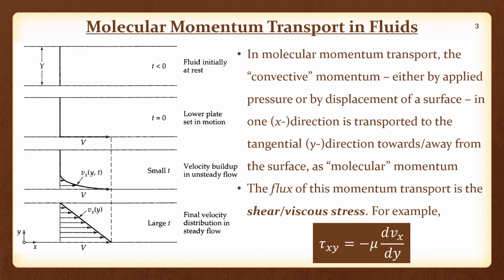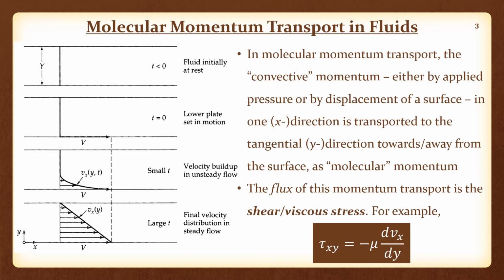And the flux of this molecular momentum transport is the shear or viscous stress, and that stress is given by tau xy equals minus mu times dvx by dy. There is a measurable, discernible velocity gradient, x velocity gradient in the y direction.